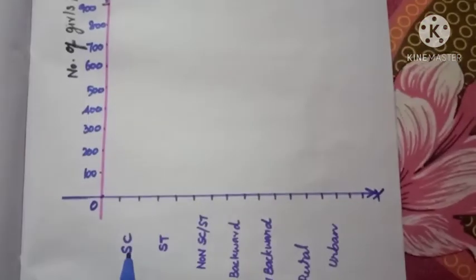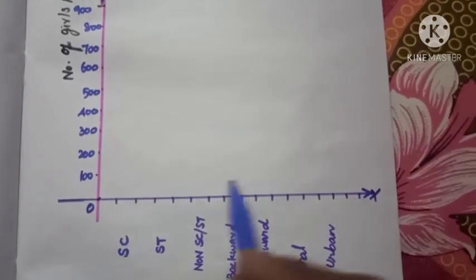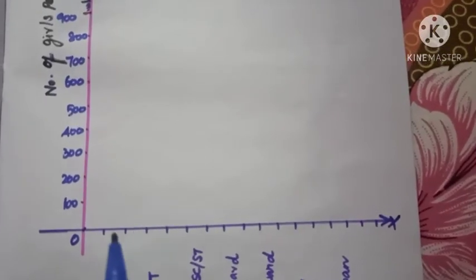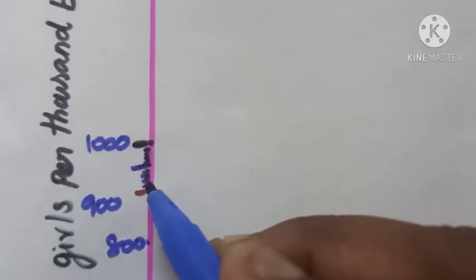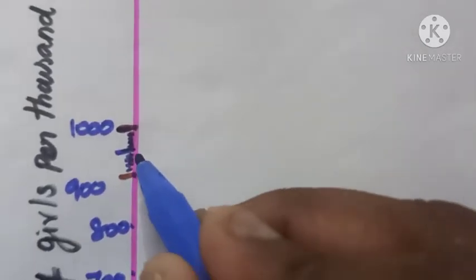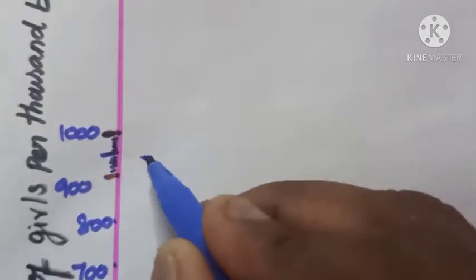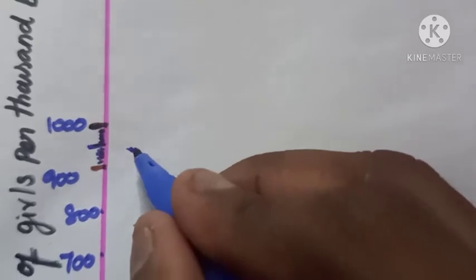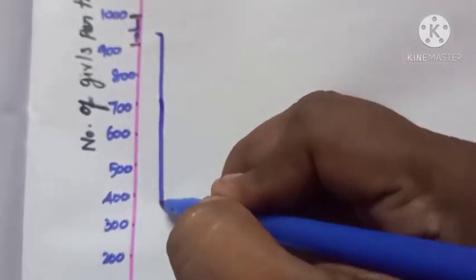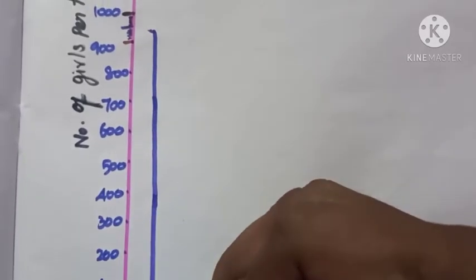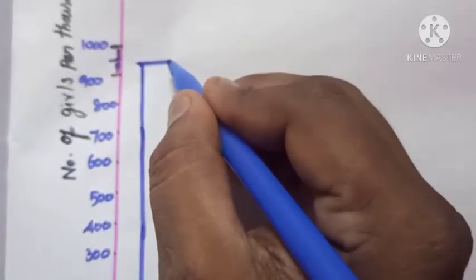First one in Indian society: SC, that is scheduled caste. How many is there? 940. So here we can observe carefully, this is 910, 20, 30, 40. I take this line here, and from here onwards we take the line for 940. I just draw a bar graph for 940.